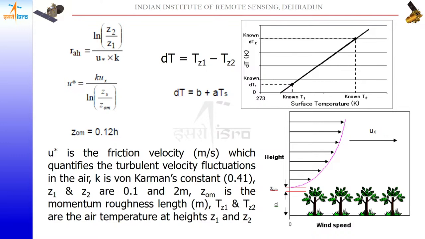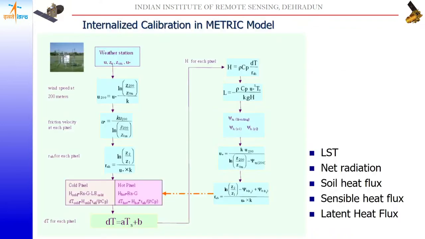Once we finalize or fix the observatory scale of this u star and rah value, we replicate the same information with the stability parameters on remote sensing based data sets, which is ultimately done through this internalized calibration method, as mentioned here.